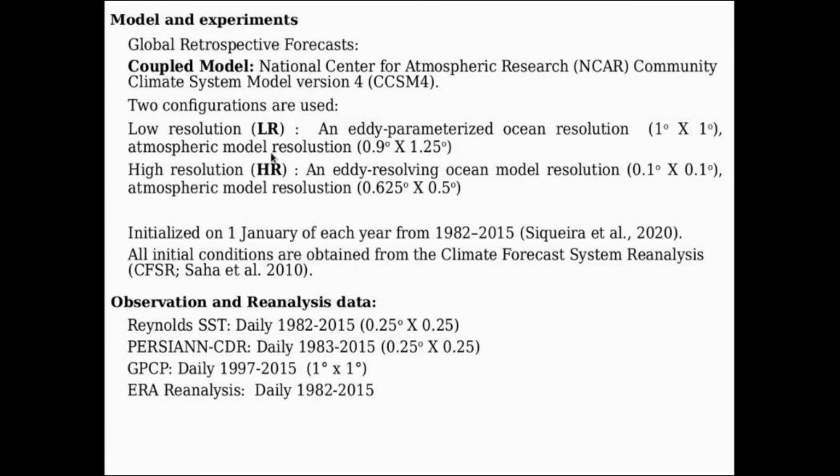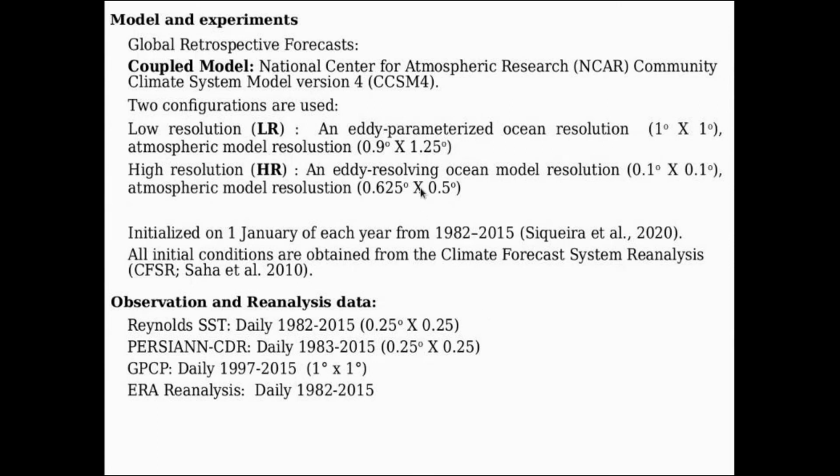Two configurations are used. One is low resolution, where the ocean model is 1 degree resolution and the eddies are parameterized. The second one is high resolution, which is 1/10 degree ocean model resolution, and this high resolution model actually resolves the eddies.